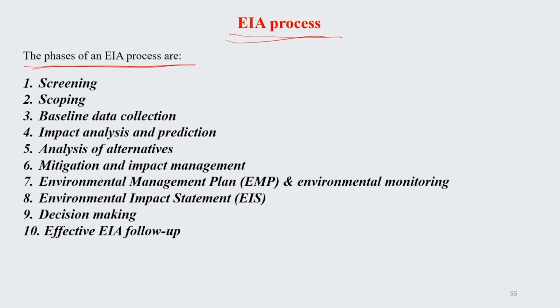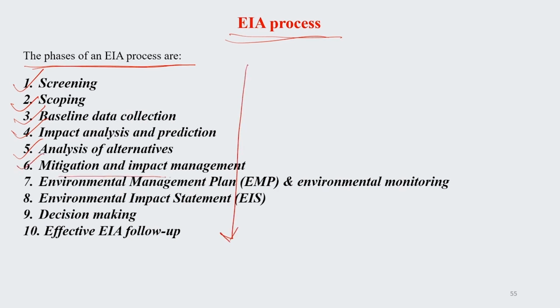Now, the phases of the EIA process are screening, scoping, baseline data collection, impact analysis and prediction, analysis of alternatives. If you can recall, all these topics in one aspect or other we have discussed or touched upon. Now, these are different phases of EIA. You start from here and go step by step.